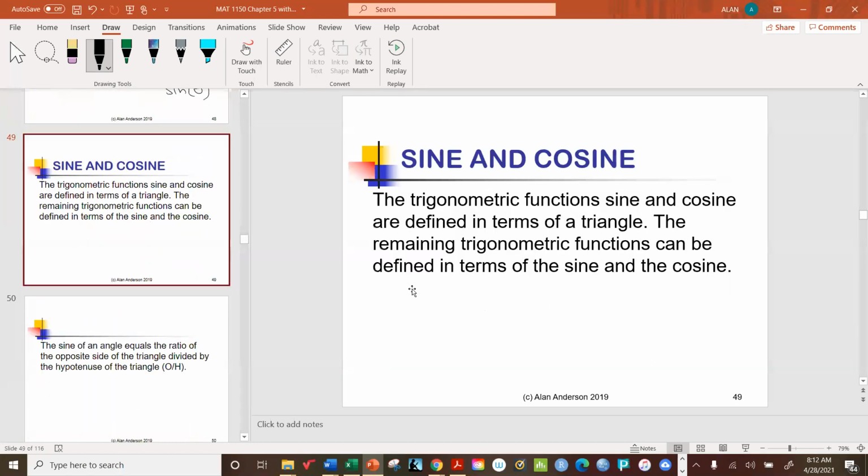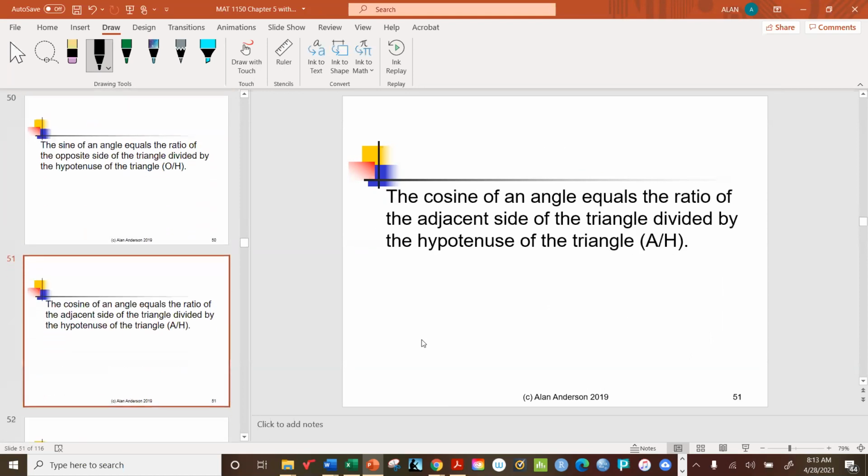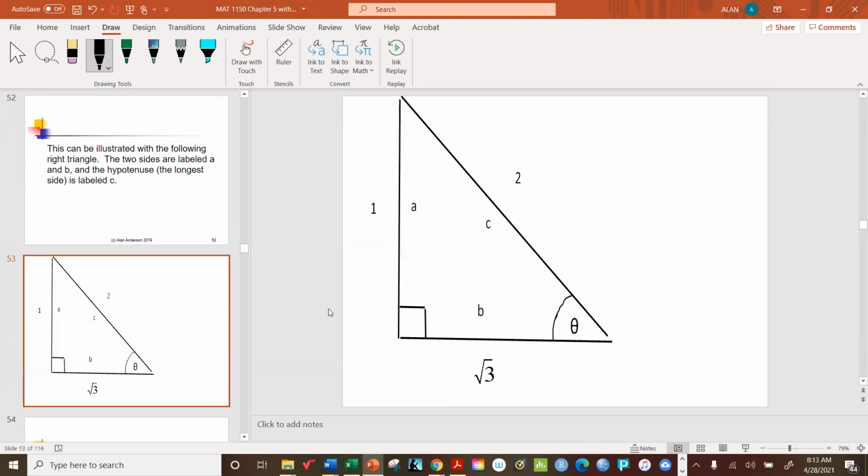Okay, so of course we recall that the sine and the cosine are defined in terms of a triangle, specifically a right triangle. And we recall from this diagram, this is our hypotenuse, of course. So we could actually go through here and calculate all these functions right now.